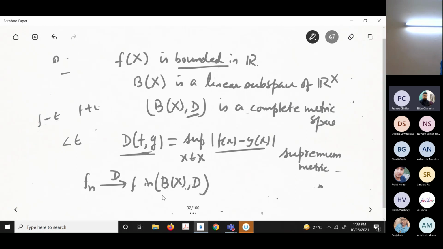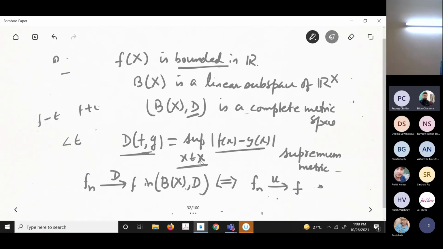Now we can check that it follows easily from the definition that d(fn, f) goes to 0 if and only if fn converges to f uniformly. This just follows from the definition. I am taking the sup, and if it is less than epsilon, that means for all x automatically. Uniform convergence means it holds at the same time for all x.